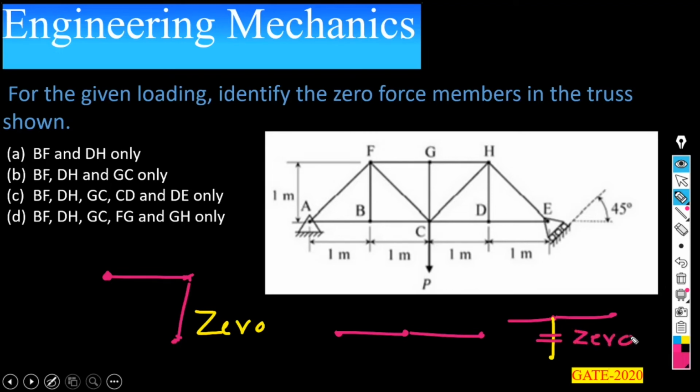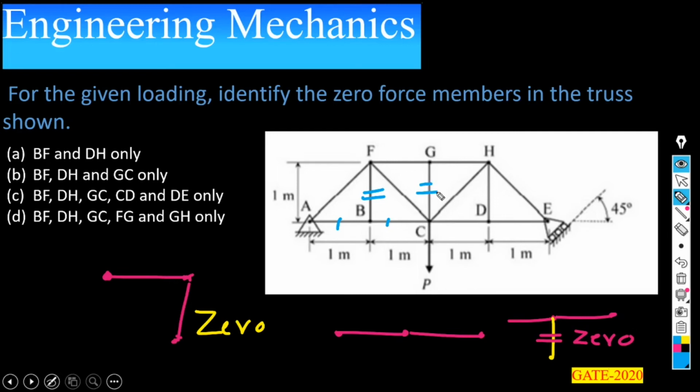Let's apply the same concept to this problem. You can observe here that member FB is a zero force member because AB and BC are collinear members and FB is the zero force member. Again, FG and GH are collinear members, GC is the zero force member.